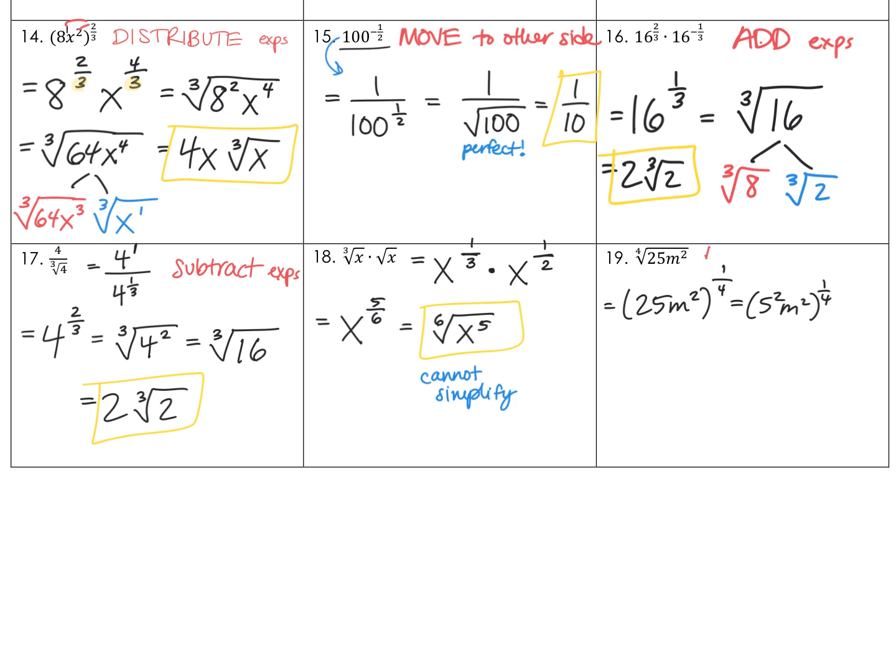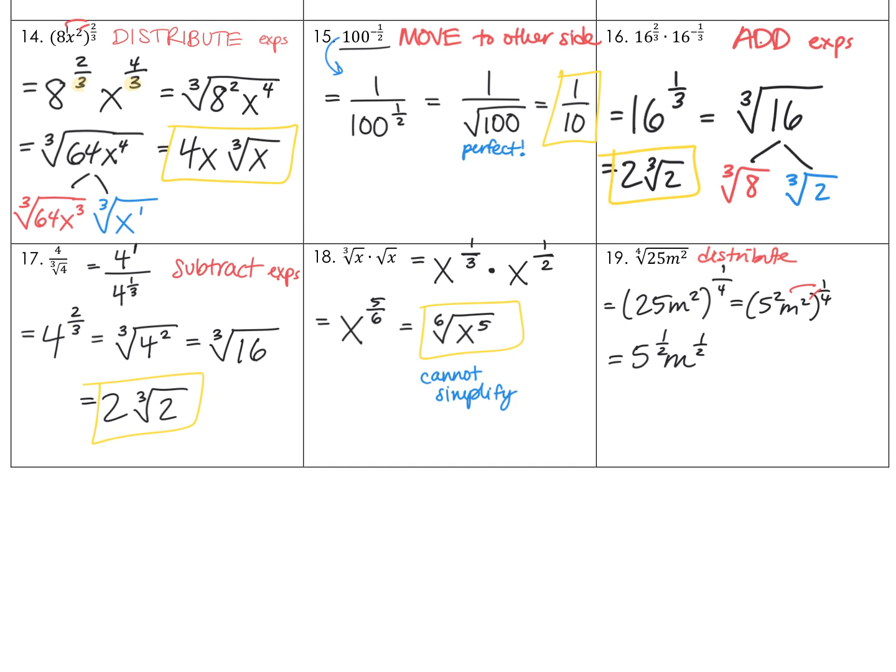So I'm going to distribute this exponent. It takes it to both and multiplies to both of those, and I'm doing 2 times the 1/4, so it's 2/4 or 1/2. So 5 to the 1/2 power, m to the 1/2 power.